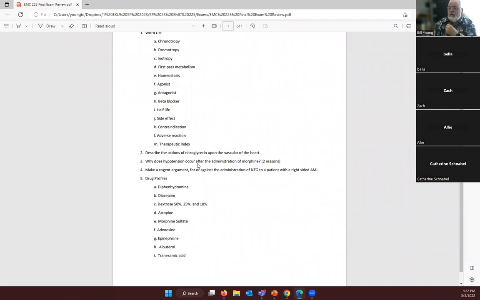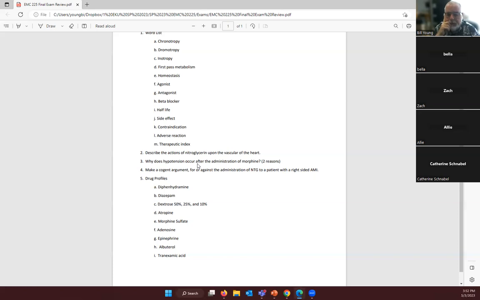Okay. So Zach, down to number 2. Tell me, what does nitroglycerin do as far as the vasculature of the heart? It relaxes the vasculature of the heart. Okay, and why is that both a good thing and a bad thing? It can be a good thing because it will decrease the workload of the heart as long as the drug is in effect.